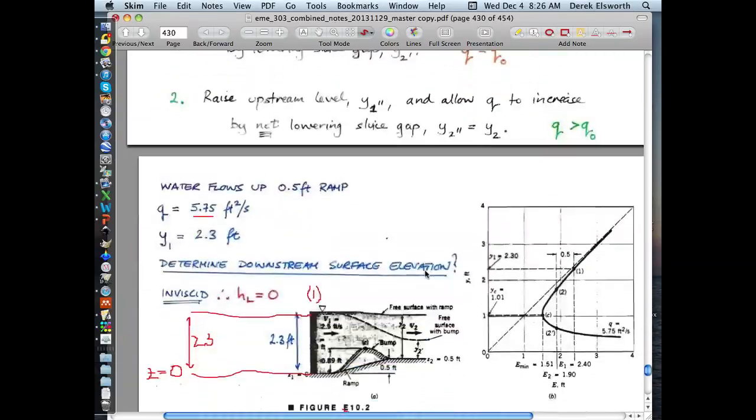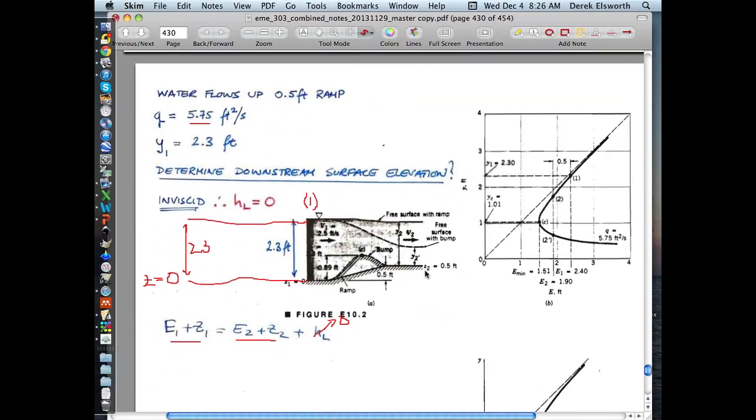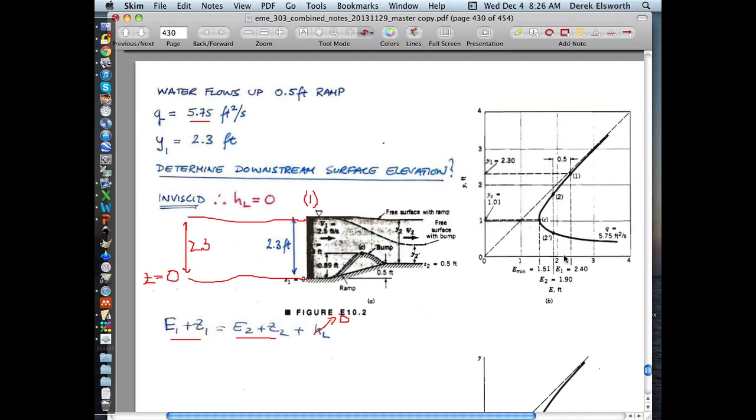And so if we plot this value of E as a function of depth, then we get this one curve here. So we plug in 5.75 square feet per second, and we do depths of 0 through to 3.2 in this particular case. That's the top curve, and we end up with this curve for that particular flow rate.